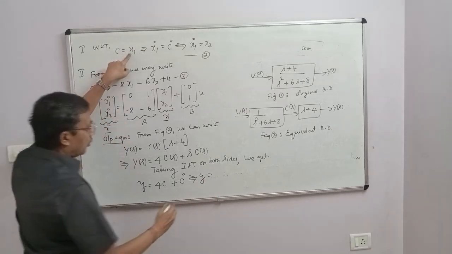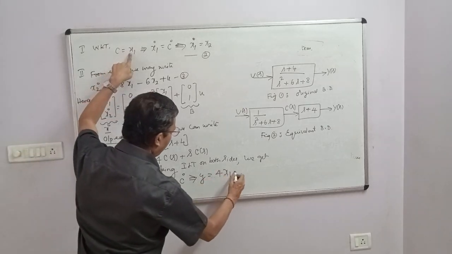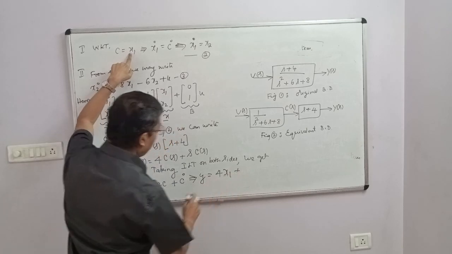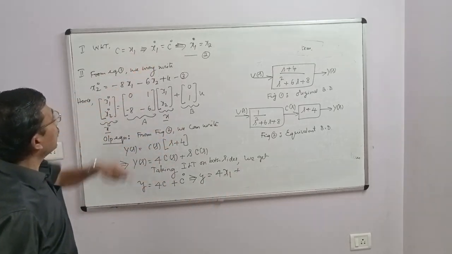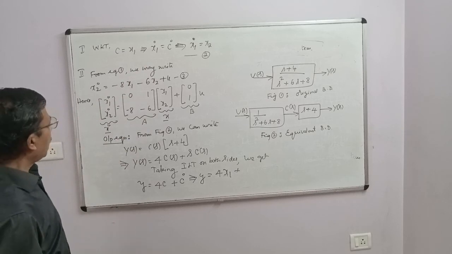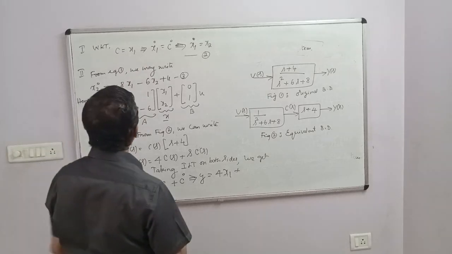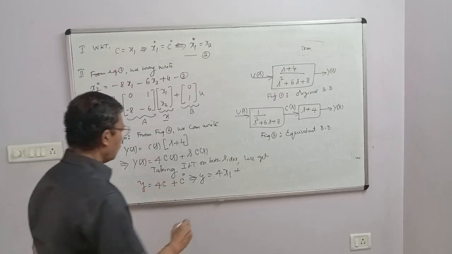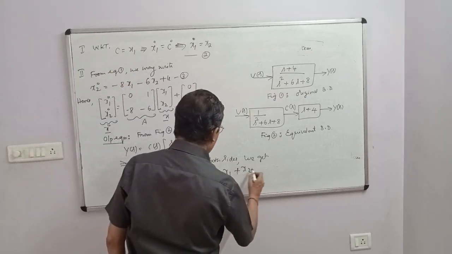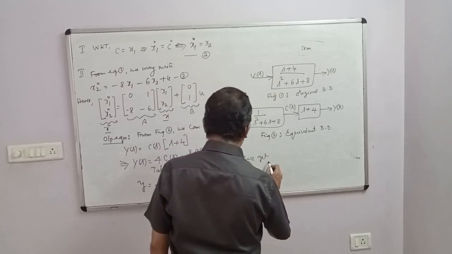C is x1. So 4 into x1. What is c dot? C dot is x2. So plus x2. So this I will write in the form of a matrix now.